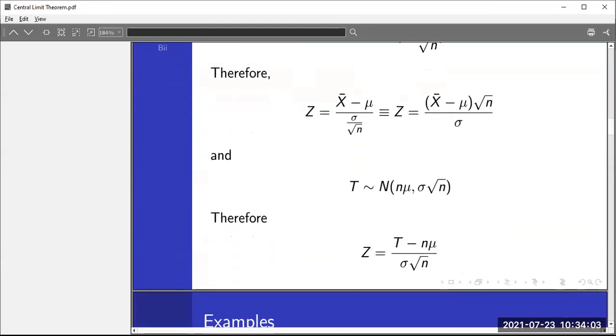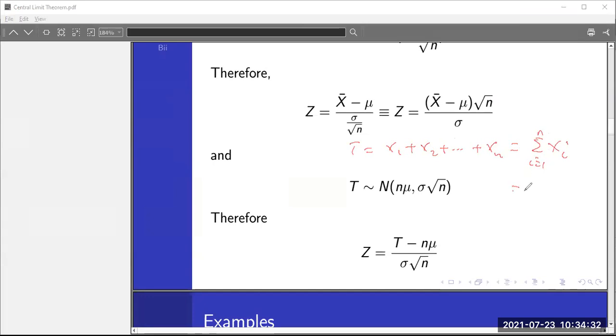Then the total approximately follows a normal distribution with mean n mu and standard deviation sigma times the square root of n. You remember the total was obtained by saying x1 plus x2 plus up to xn, which is equal to the sum of xi's, i from 1 to n.